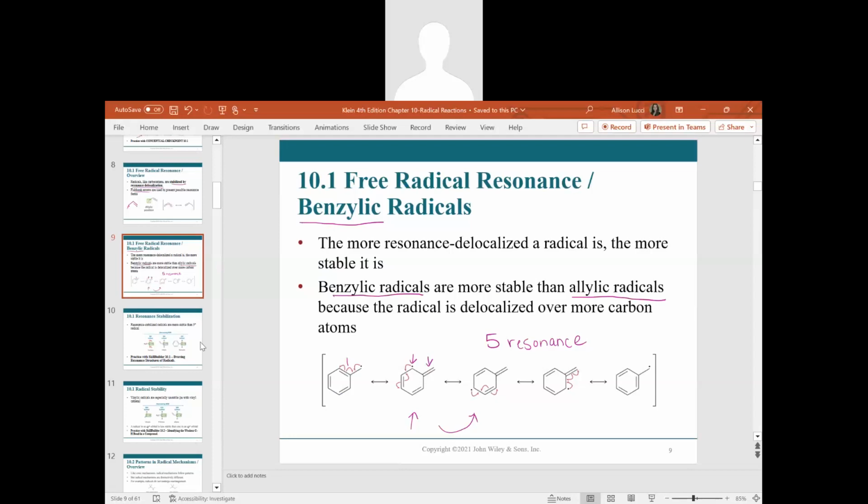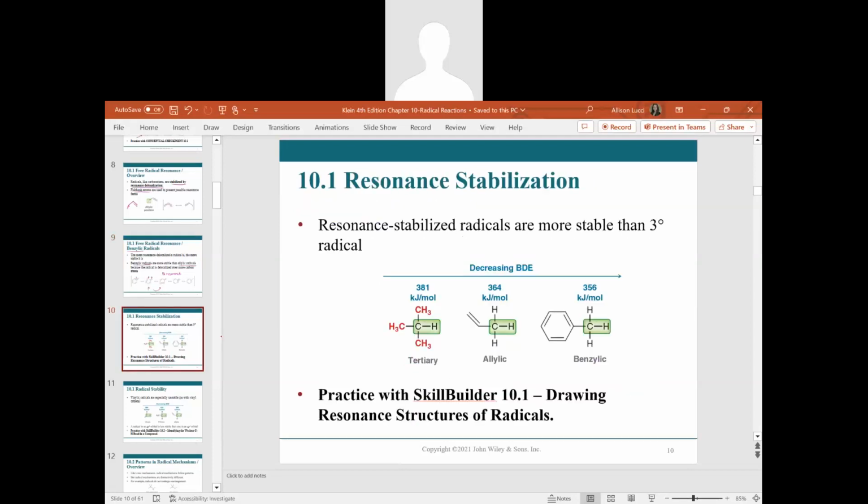So let's take a look at this next slide here, and we can see that trend of decreasing bond dissociation energy that we saw with our methyl, primary, secondary, then tertiary radicals. We begin now with that tertiary radical here, and we can see that allylic radicals require less energy to break the CH bond and form allylic radicals.